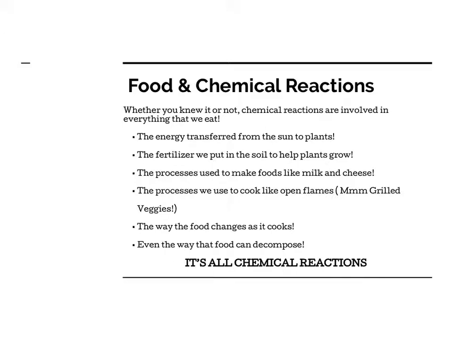At the end, when you're done with food or it's getting a little bad, it starts to decompose, and that itself is also a chemical reaction. So everything that we experience on a daily basis is happening because of these chemical reactions.